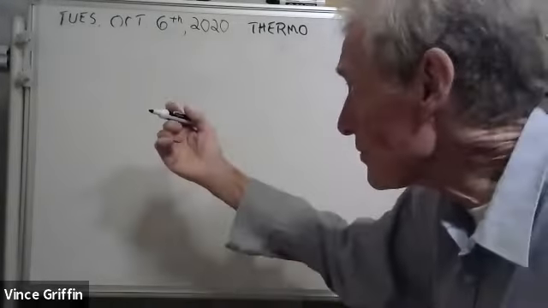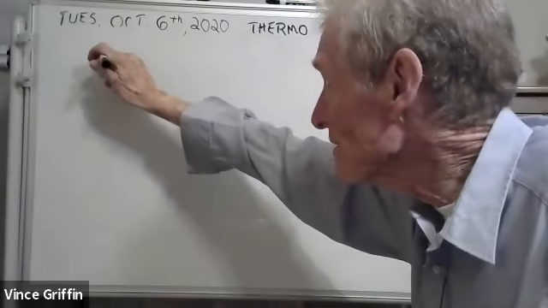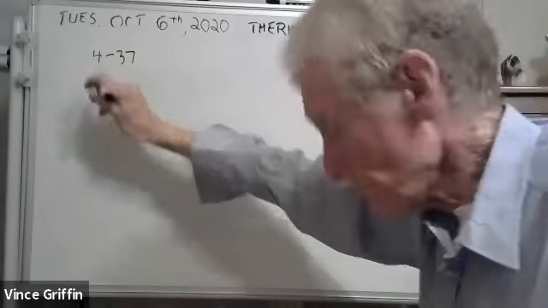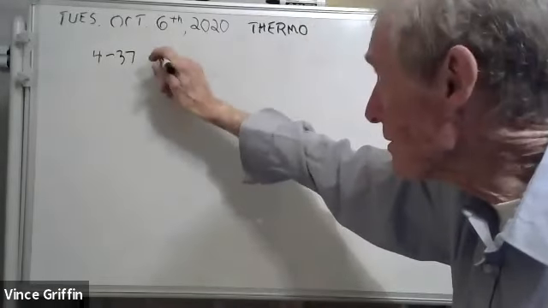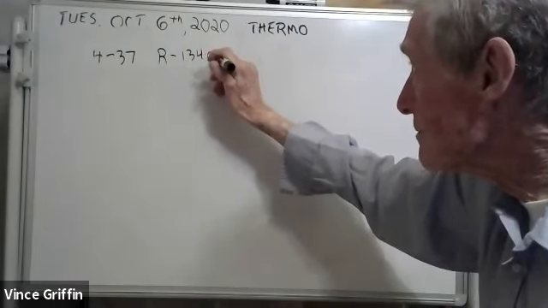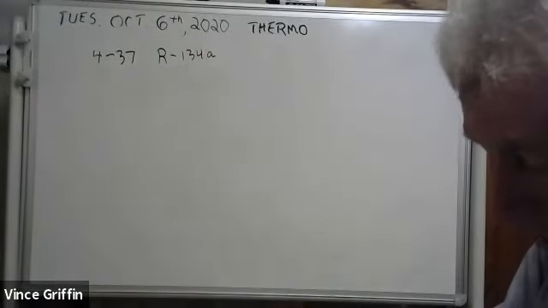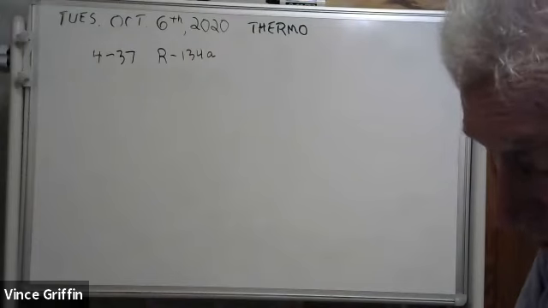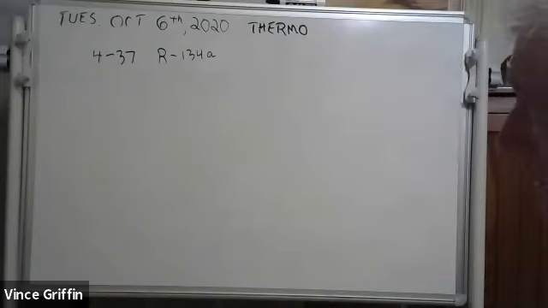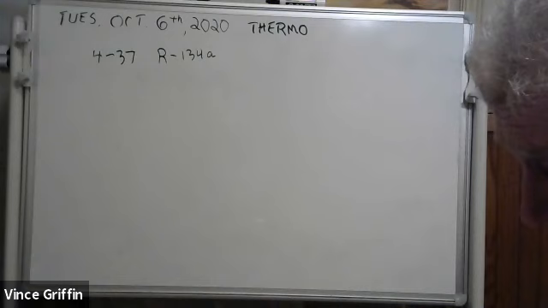Now this is 437. And 437 uses R134A. That's what you have in your car. If you have air conditioning, you've got R134A in your air conditioner in your car.